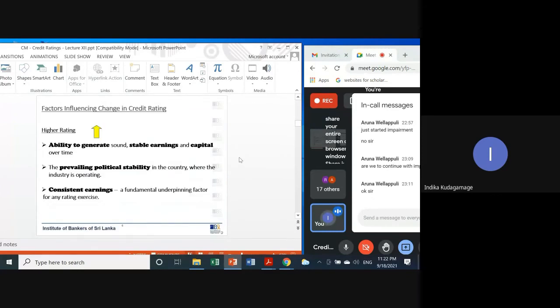Factors influencing credit rating: stable earnings, capital, earnings. Earnings have to be stable. One year very high earnings, second year no earnings, no. If you want a high rating, you have to have stable earnings or capital. Then political stability is very, very important.